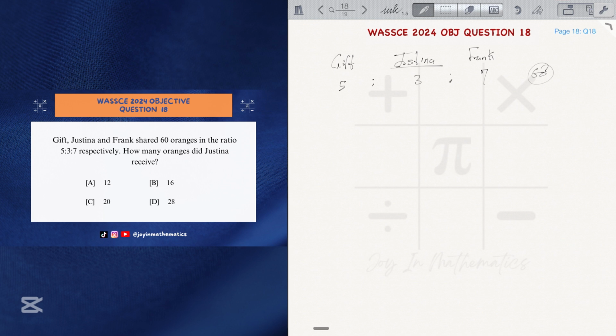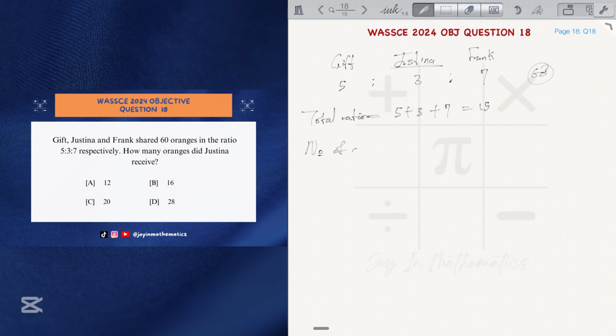So to get the number of oranges Justina received, we first have to take the total ratio. So the total ratio is equal to 5 plus 3 plus 7, which is equal to 15. Now let's just write the general formula.